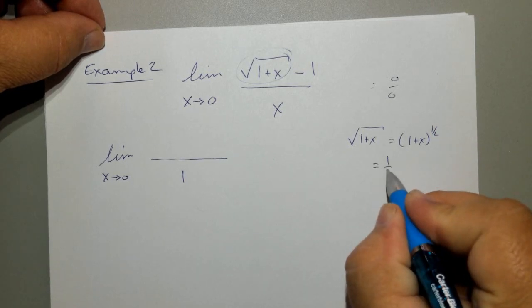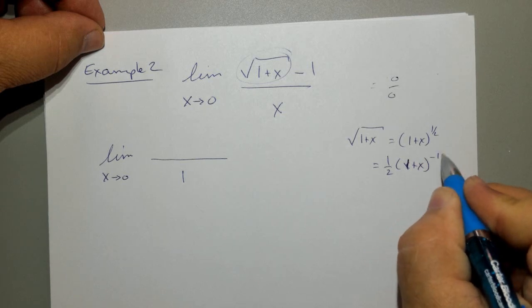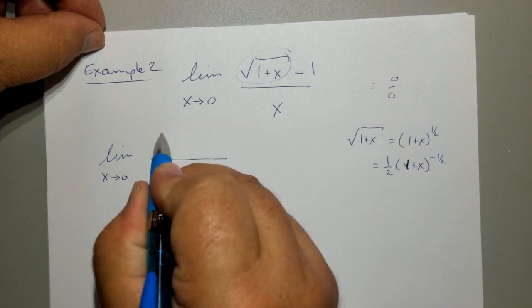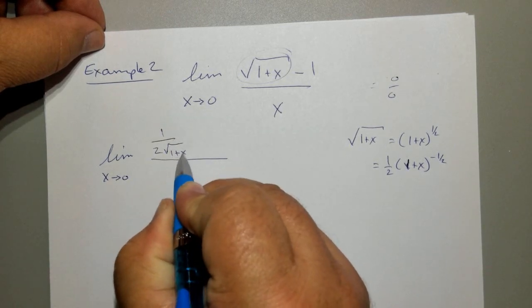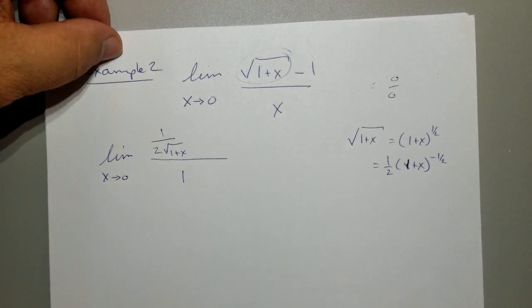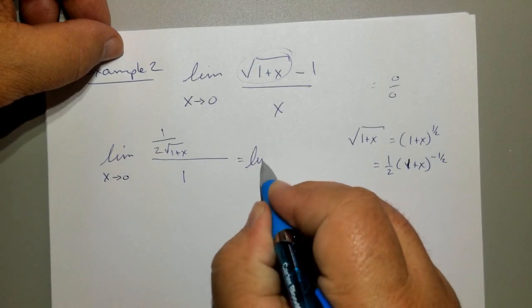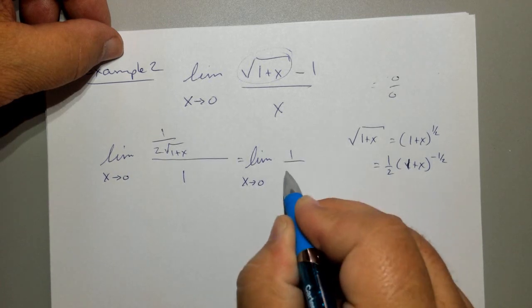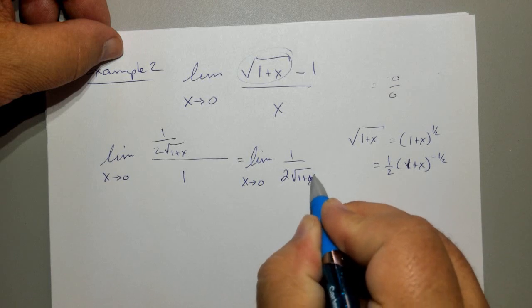The derivative is, bring it down, so the derivative of that is 1 over 2 square root of 1 plus x. Derivative of 1 is 0. So this becomes the limit as x approaches 0 of 1 over 2 square root of 1 plus x.